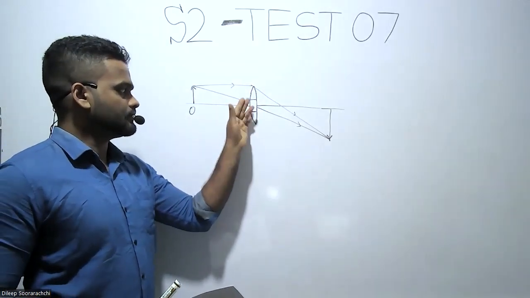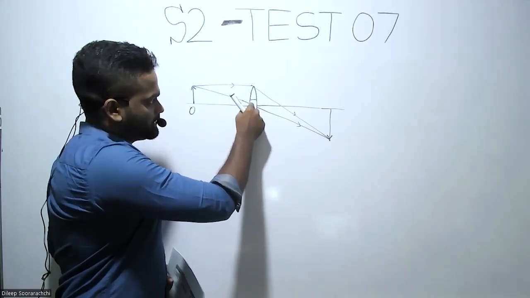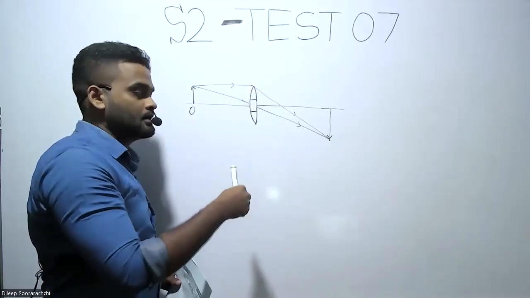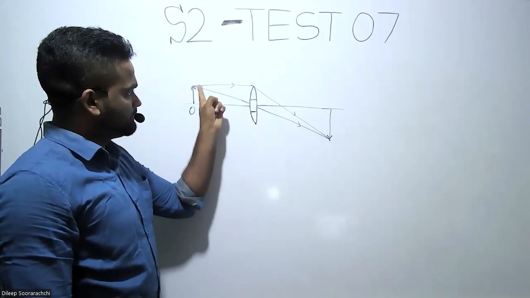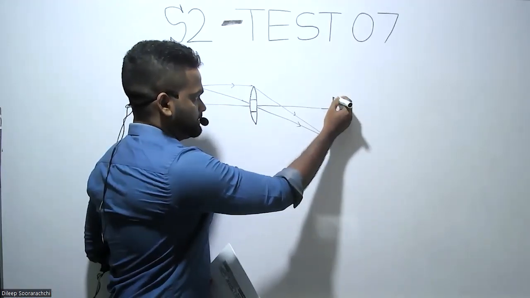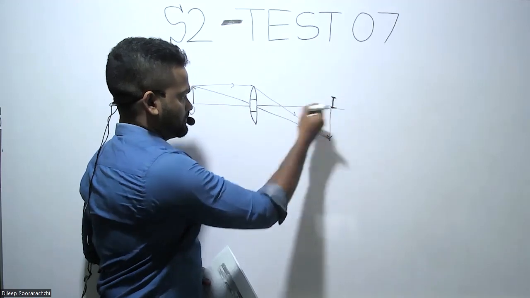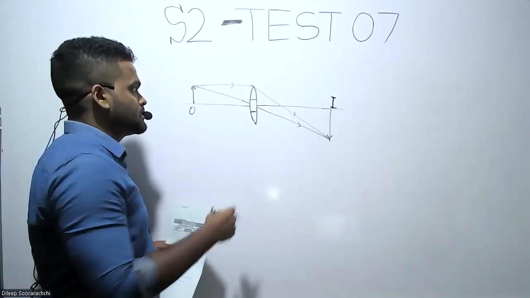Just for a moment, forget about this black paper, right? So this is just a lens without covering. Then we can figure out, so this is the object, so it creates a real image here, right? Like that, a real image.